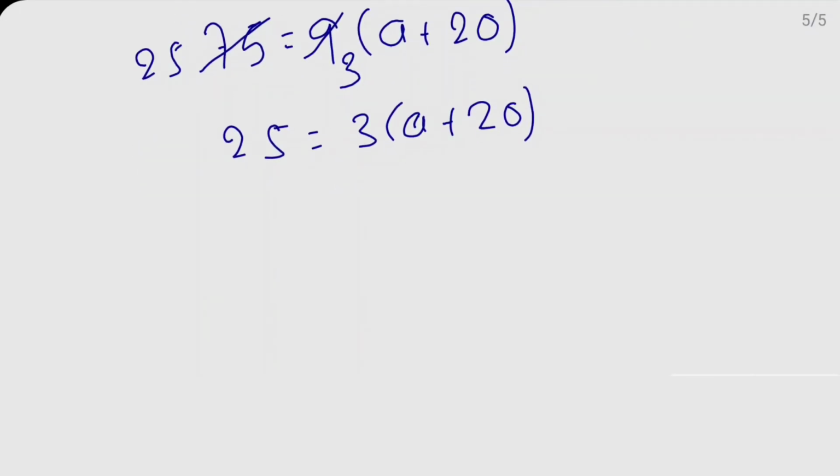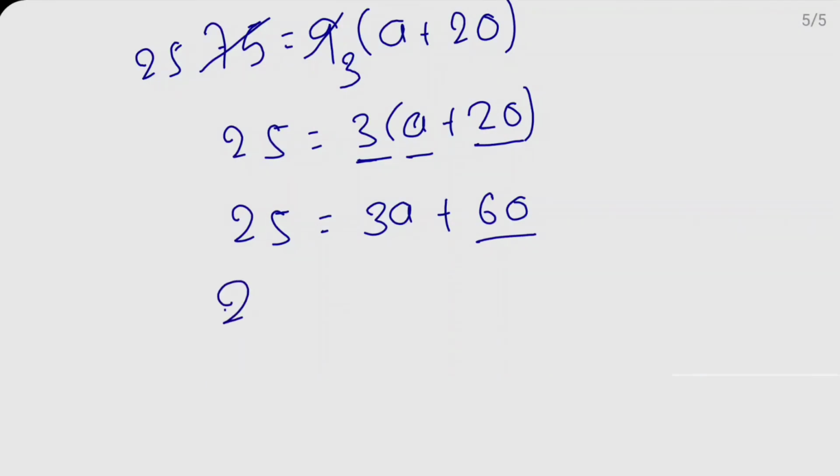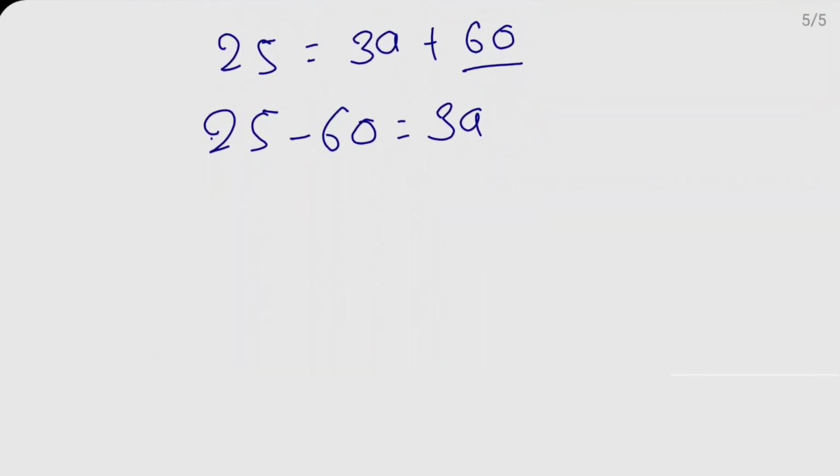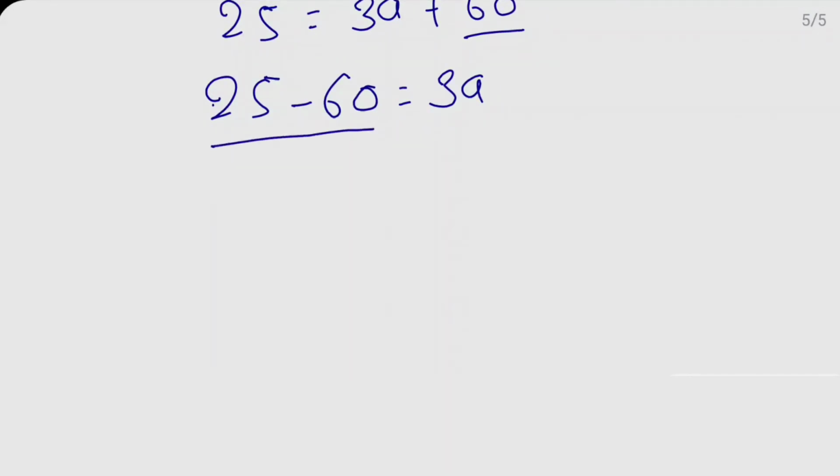So now 25 as it is, this equals 3 into a is 3a plus 3 into 20 is 60, right? So now this 60 comes to the LHS and becomes a minus. So 25 as it is minus 60 equals 3a. Any doubt?